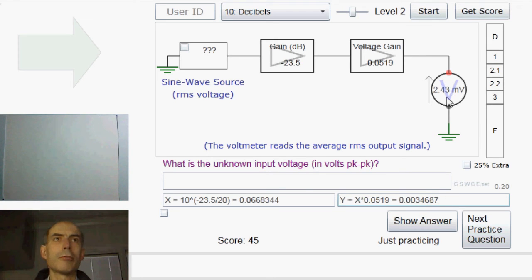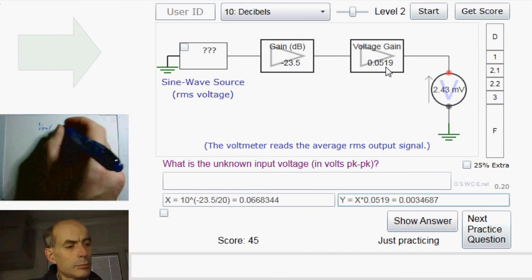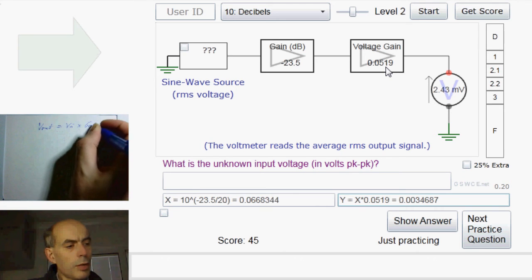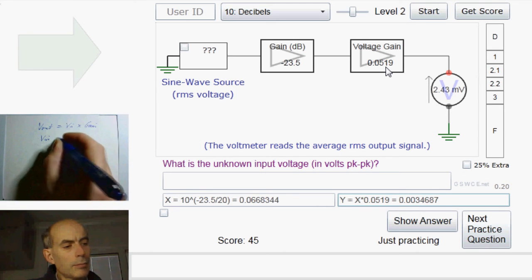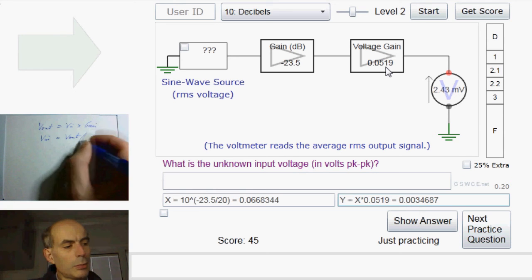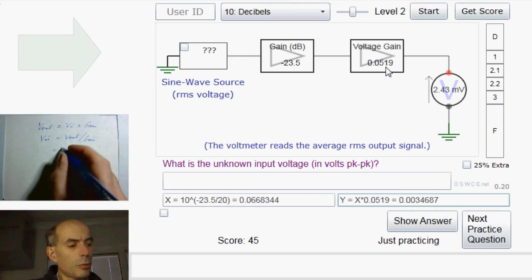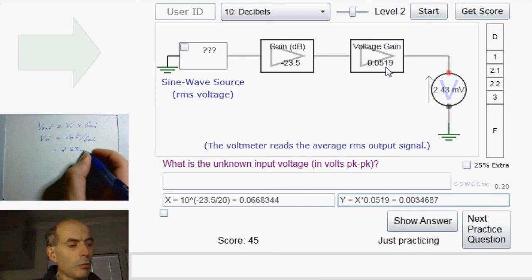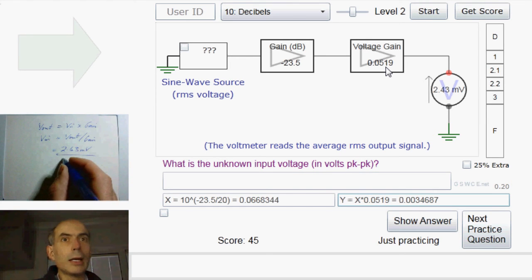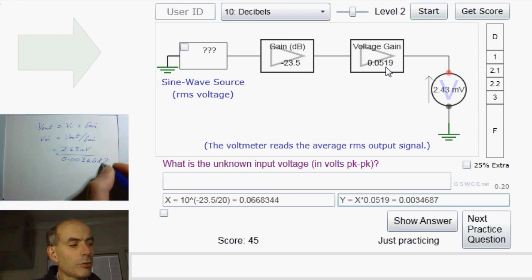Right, Vout is Vin times the gain. Therefore, Vin is Vout divided by the gain. And we know Vout, 2.43 millivolts. We've just worked out the gain, 0.003467.